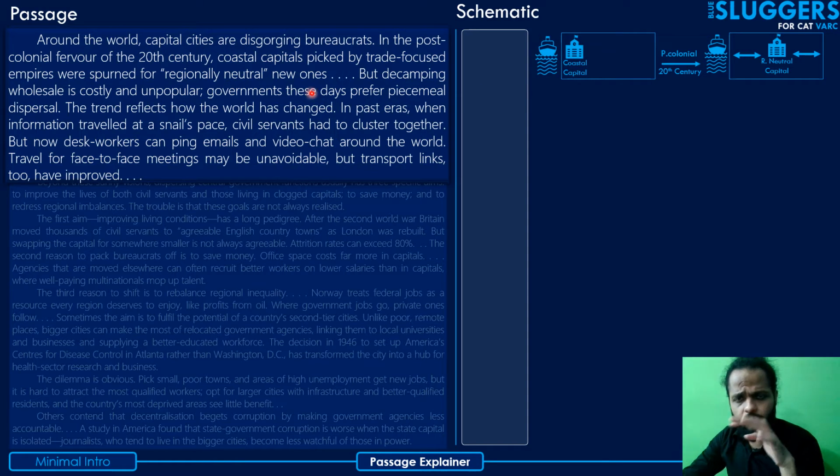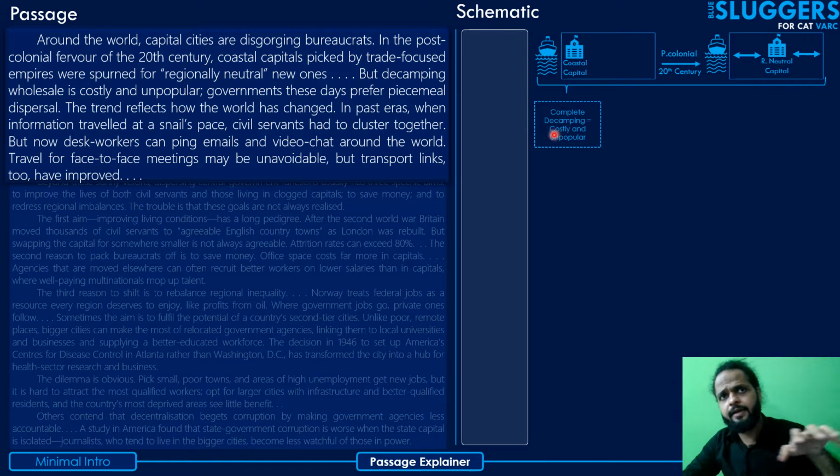And what happened in the post-colonial fervor of the 20th century? Post-colonial fervor is basically the phase in the 20th century after these nations, the colonies, got their independence, in their enthusiasm for changing things. That's what the author refers to when he says post-colonial fervor.